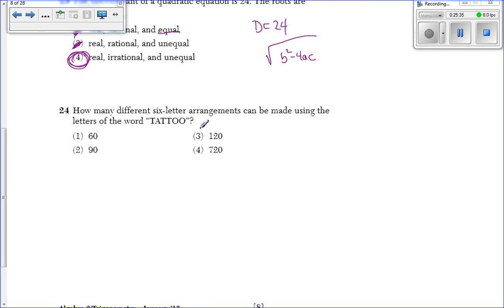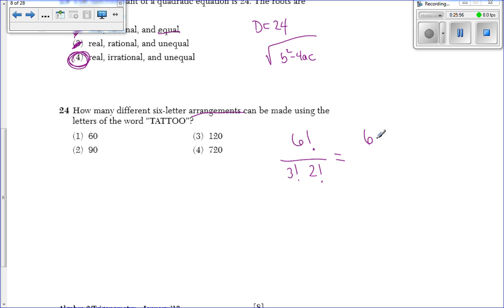How many different six-letter arrangements can be made using the word tattoo? Well, I have 1, 2, 3, 4, 5, 6 letters. So it's 6 factorial, but the T repeats itself 3 times, and the O repeats itself 2 times.